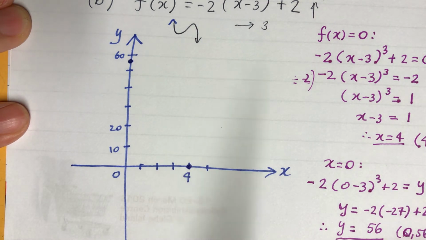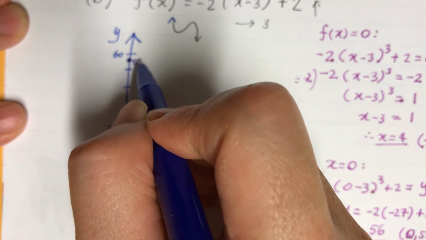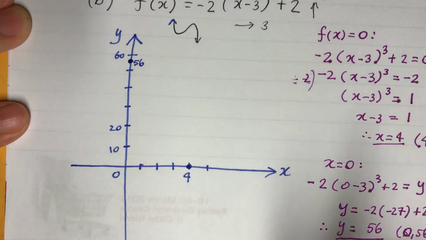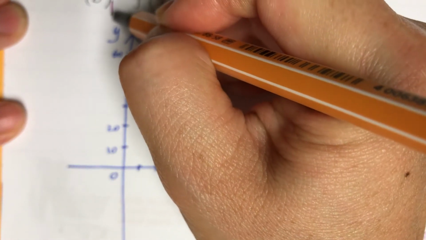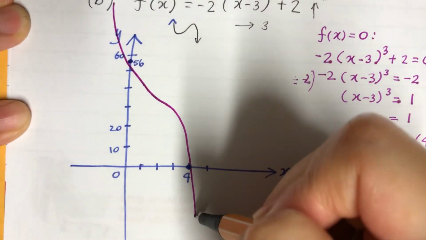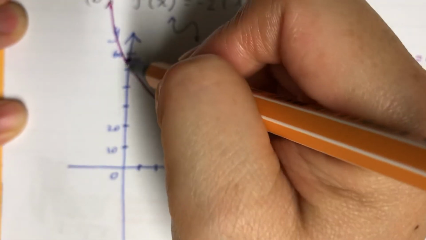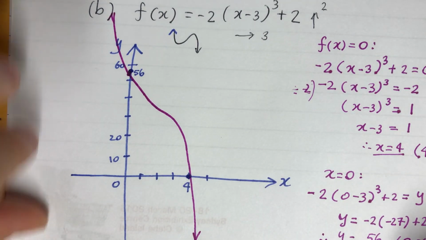Okay. Now, what is a point of inflection? We need to find out the inflection point there. So let's have a look first with the 56. So I'm going to put that in. I'm going to use a different color. So I'm coming down from here, down here. Okay, didn't look that nice, but that'll do.